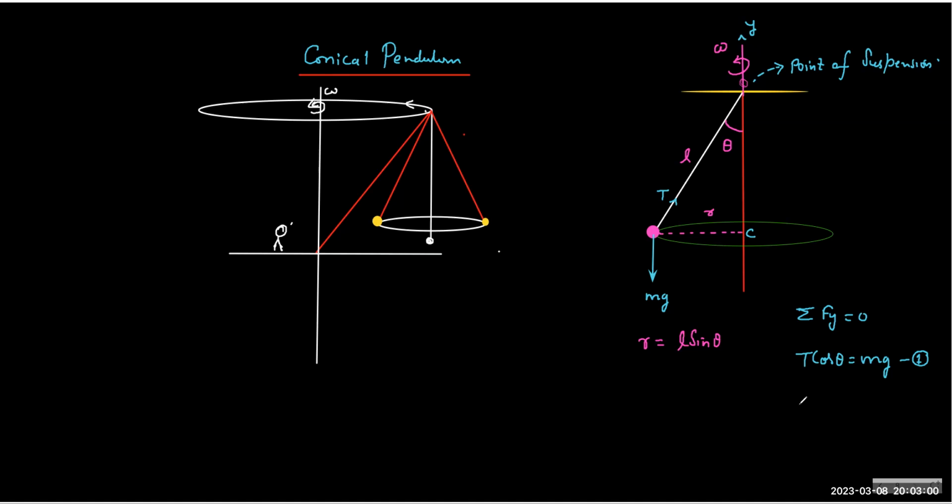Once you balance the force, once the angular speed is constant, the next equation will be coming from where? So T sin theta is equal to mv square by r.